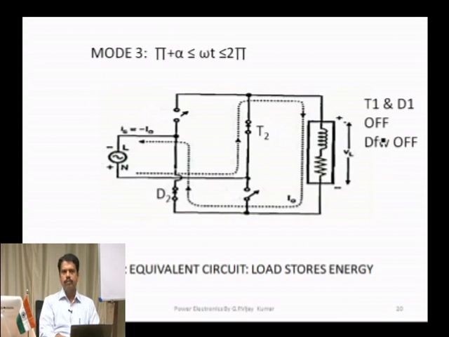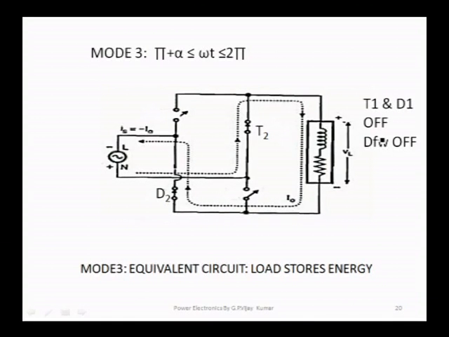Now, mode 3. Mode 1 is alpha to pi, mode 2 is pi to pi plus alpha, and now mode 3 is pi plus alpha to 2 pi. What happens in pi plus alpha to 2 pi?